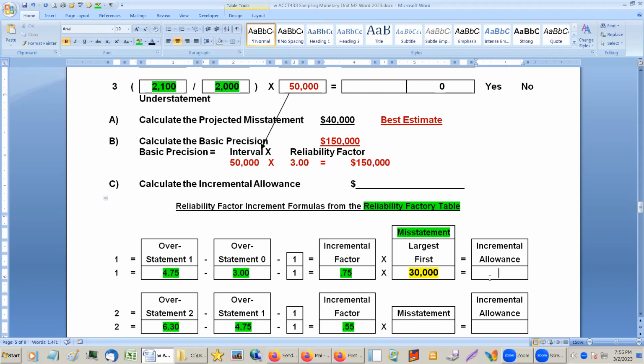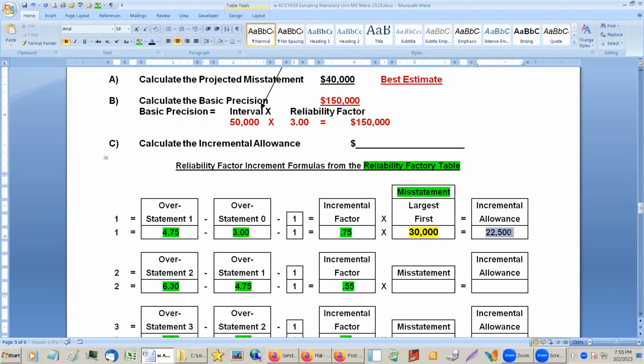That is 22,500. So this is going to be our incremental allowance for that one. We're saying it could be off by 22,500. So we use the largest one first.